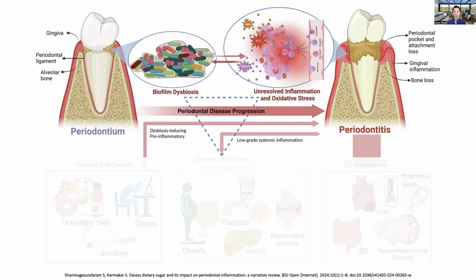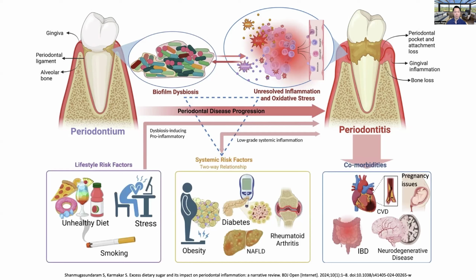And then there's other things that will affect it, like your diet, stress, smoking, poor sleep, insufficient or professional cleaning, substance abuse. And then these can lead to two-way relationships, which we know of, like obesity, diabetes, rheumatoid arthritis, non-alcoholic fatty liver disease, where patients have too much sugar and too much triglycerides.